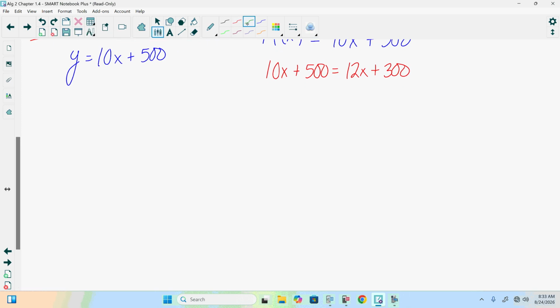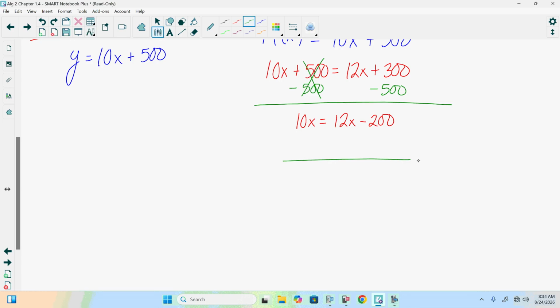What can we do first? Minus 500. We're going to subtract 500. 500 minus 500 is 0, leaving us with 10x. We still have the 12x. 300 minus 500, 3 minus 5 would be negative 200.